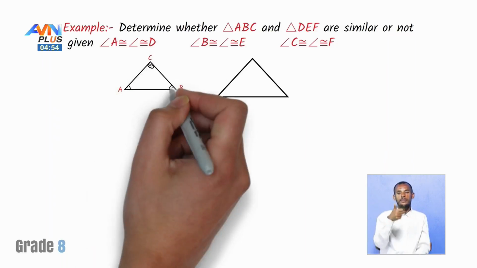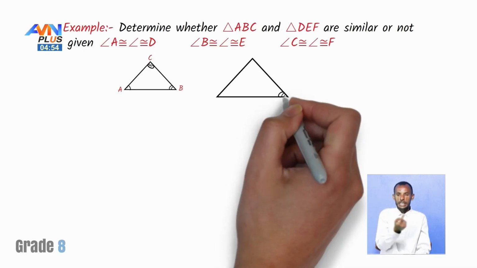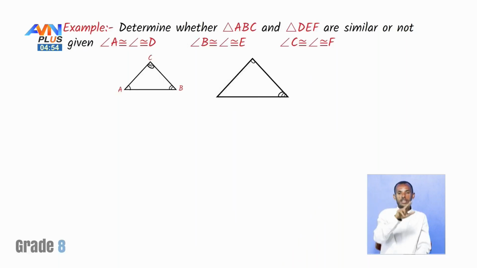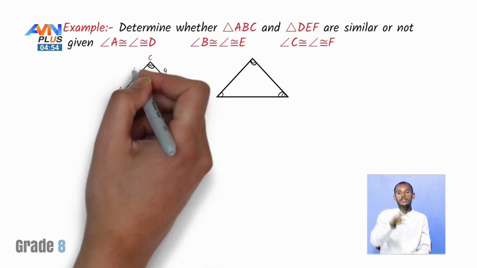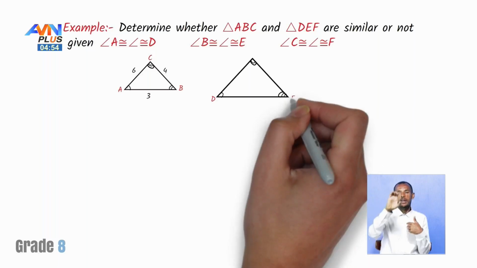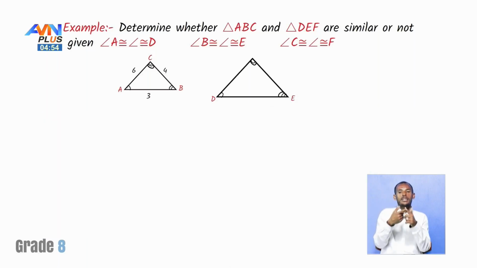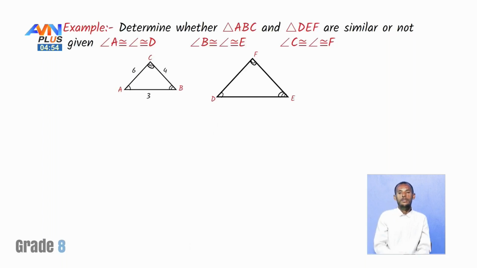A, B, C, and the side lengths are 3, 4, and 6. And we have another triangle with vertices D, E, F. The sides of the second triangle are 4.5, 6, and 9.